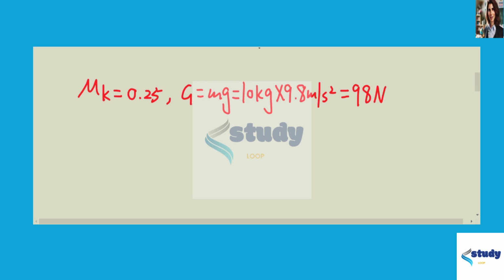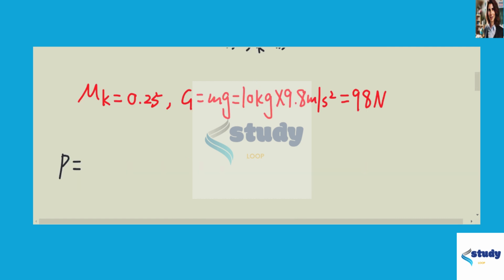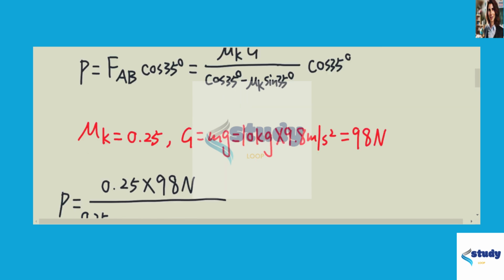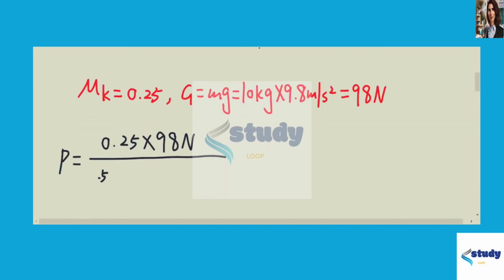So therefore, the force P should be equal to 0.25 times 98 Newtons over (cosine 35 degrees minus 0.25 times sine 35 degrees), and then times cosine 35 degrees.